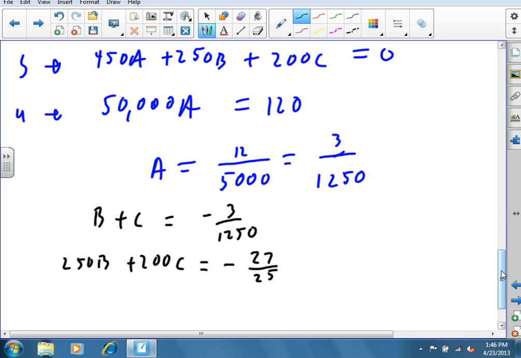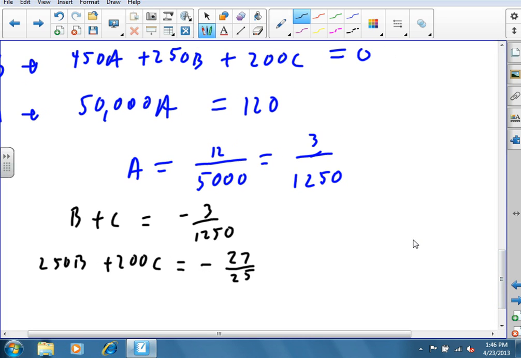Oh, it's going to be minus 27. Minus 27 divided by 25. So, is that okay? So I know what A is, so now I know what B is. B is minus 3 over 250, and C is 6 over 625.